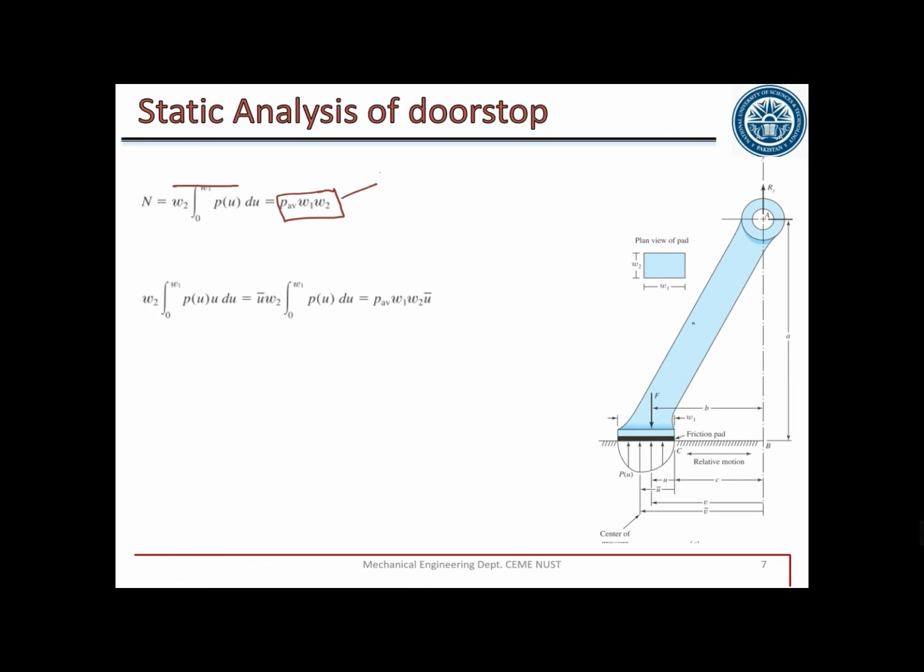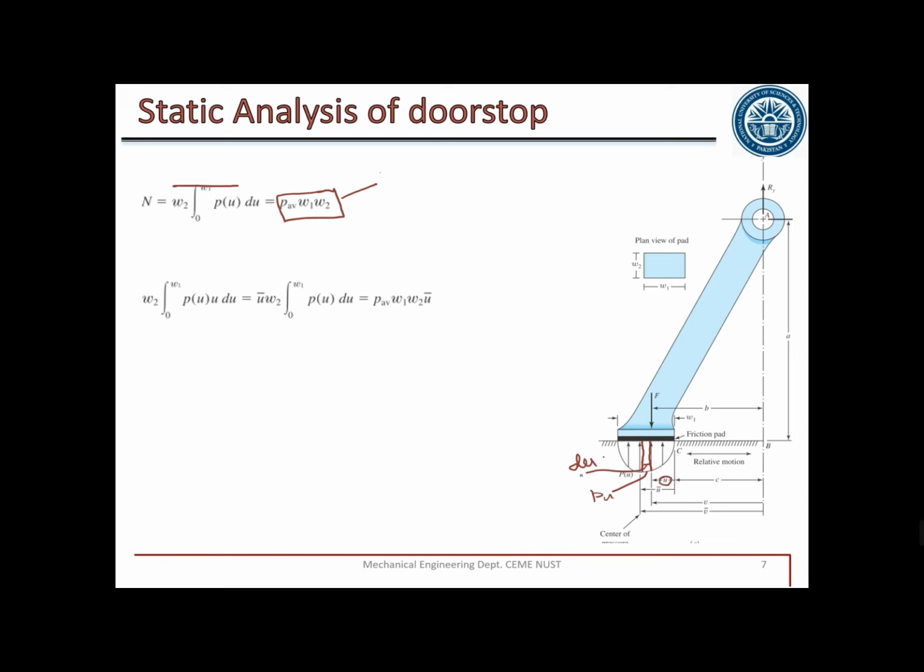Similarly, if from here we get an equation of N, we will also know how we got this equation. We assume that there is a small strip. For this small strip we have a pressure of P(u). That small strip has a width of du, and it lies at a distance u from this point.